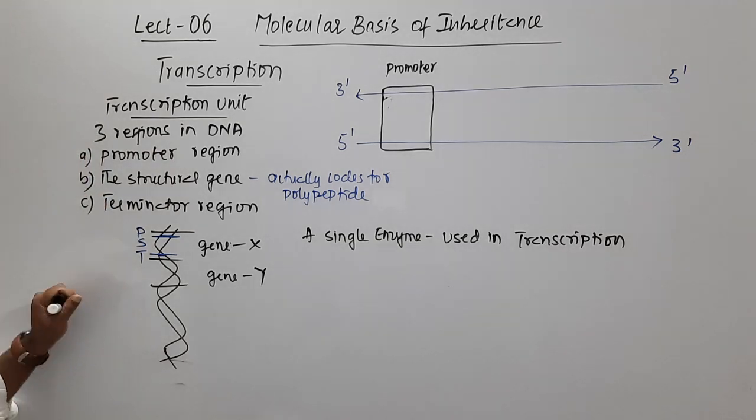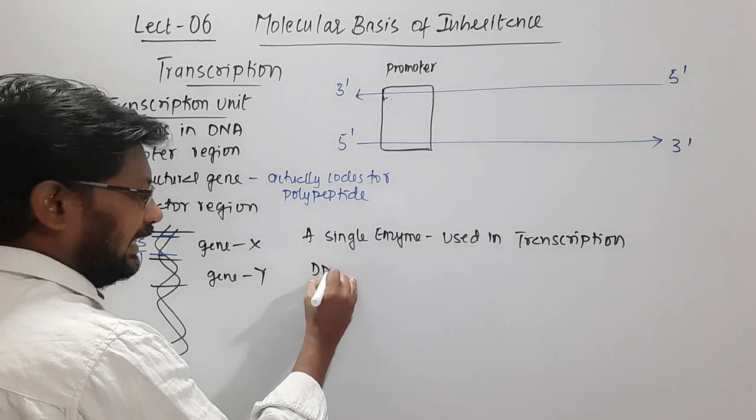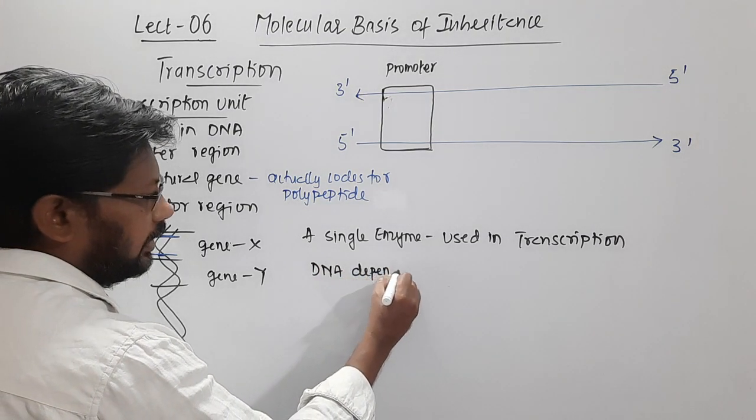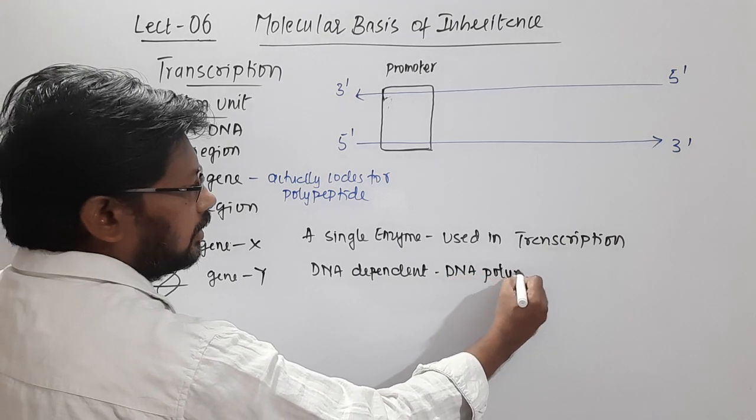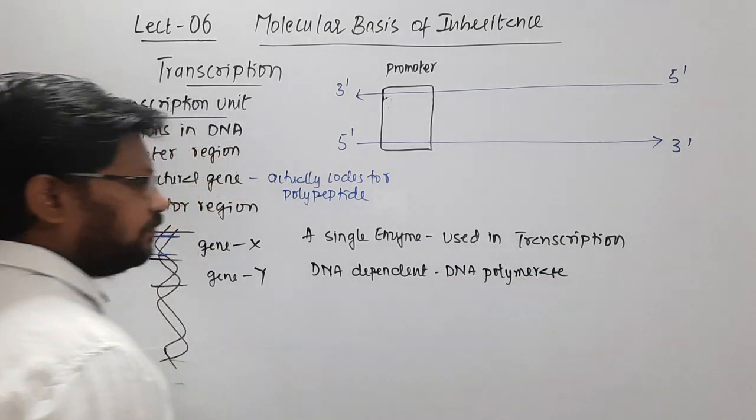There is a single enzyme that is used in transcription, and it's called DNA dependent RNA polymerase.